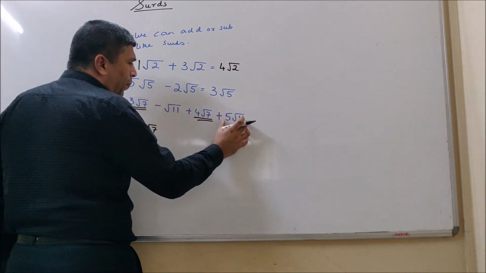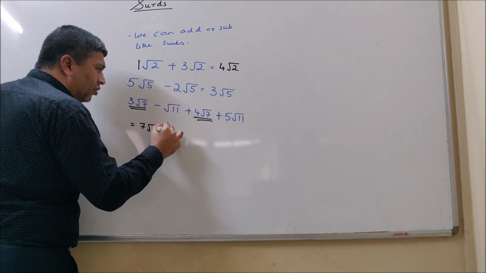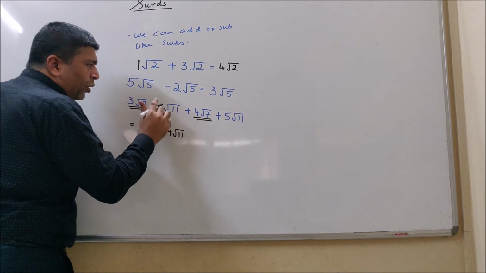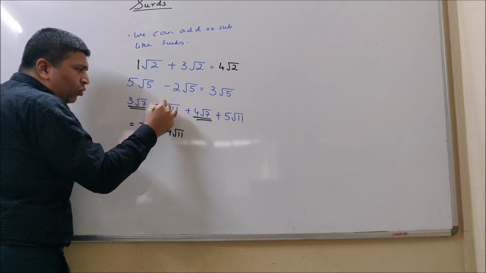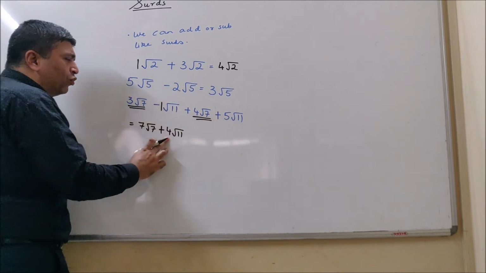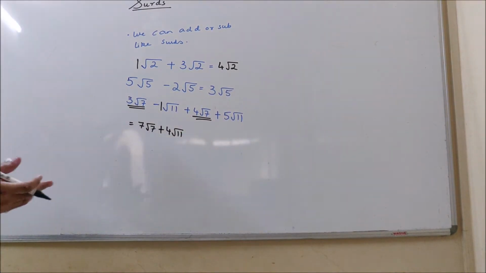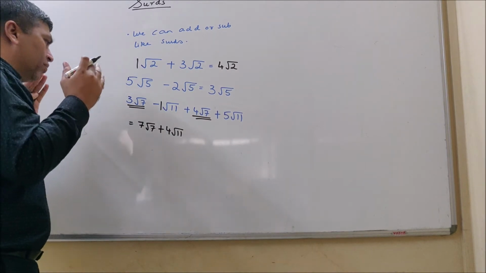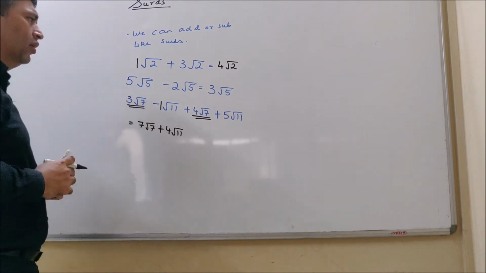Minus root 11 plus 5 root 11 is a plus 4 root 11. Because when I say minus, it's a minus 1 out here. So minus 1 plus 5 is a plus 4 root 11. So we can add and subtract only the same surds, the like surds.